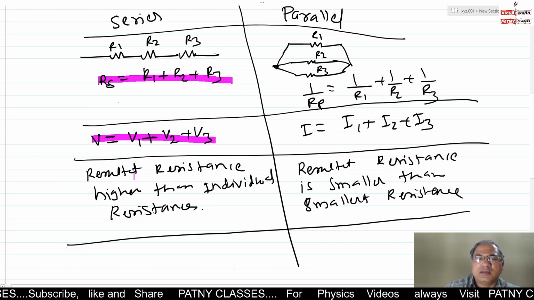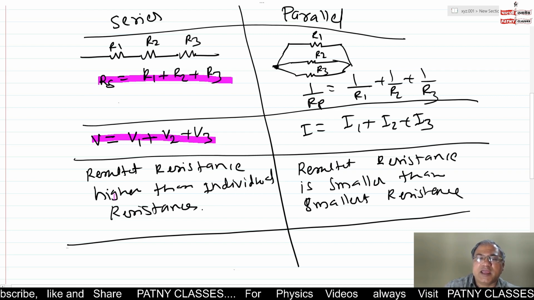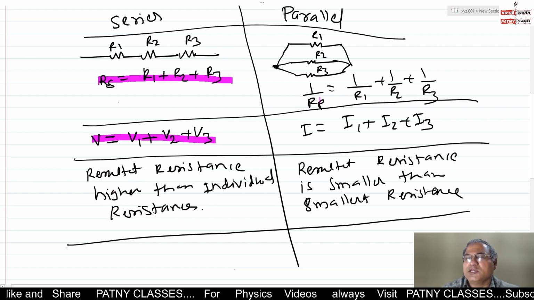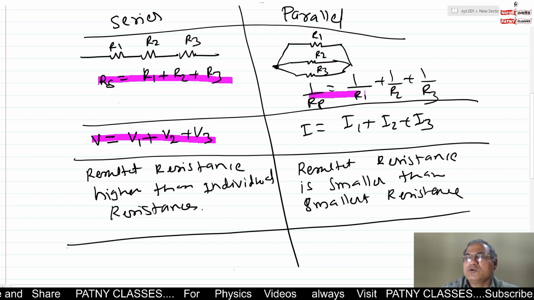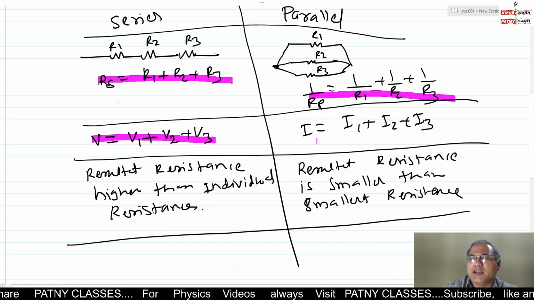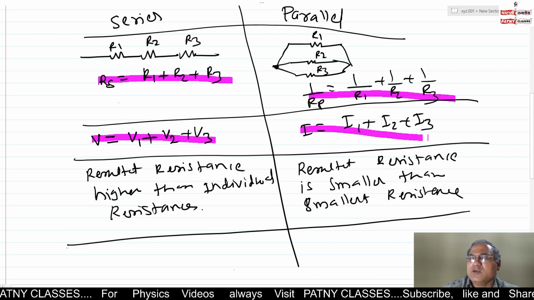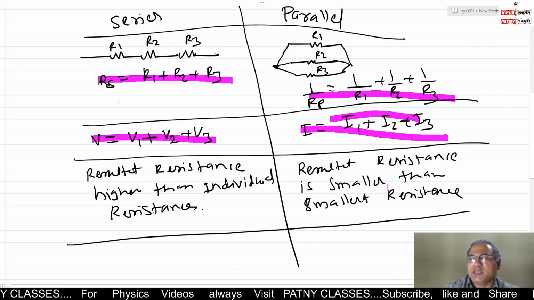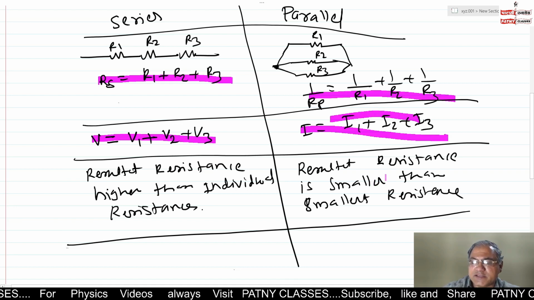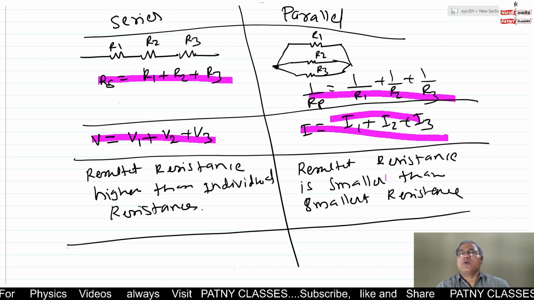And in series combination, the resultant resistance is higher than individual resistance. In case of parallel combination, 1 upon Rp equals 1 upon R1 plus 1 upon R2 plus 1 upon R3, and the current will divide at each resistor. Therefore, total current I equals I1 plus I2 plus I3, and the resultant resistance is smaller than the smallest resistance. So this is the distinction between series and parallel combination.